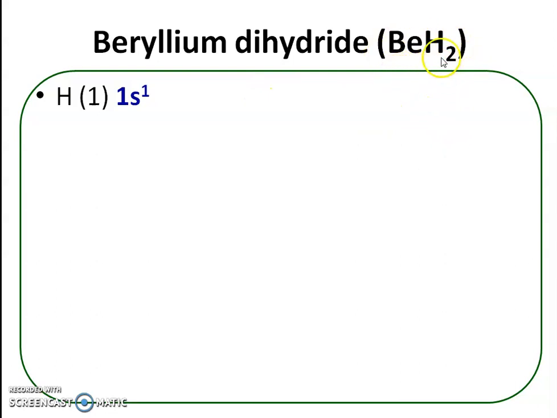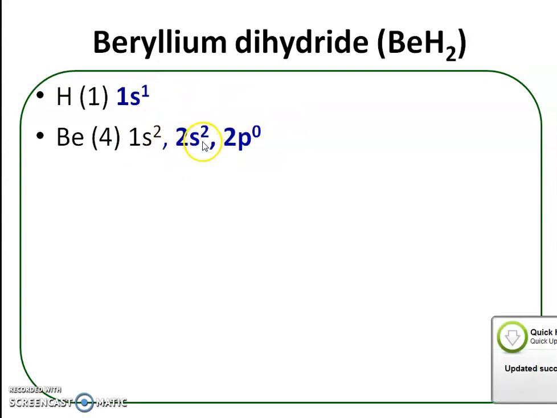So altogether there are 3 atoms, 2 hydrogens and 1 beryllium. The electronic configuration of hydrogen is 1s1, and for beryllium, its atomic number is 4 and the configuration is 1s2, 2s2.